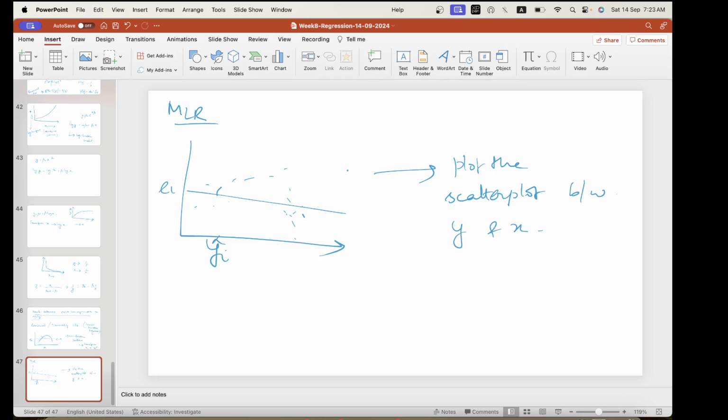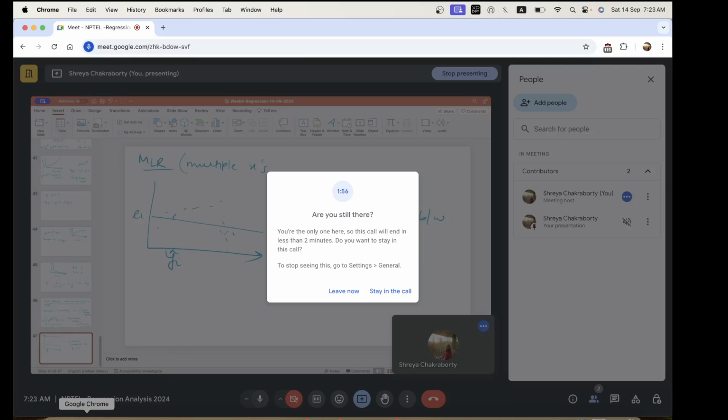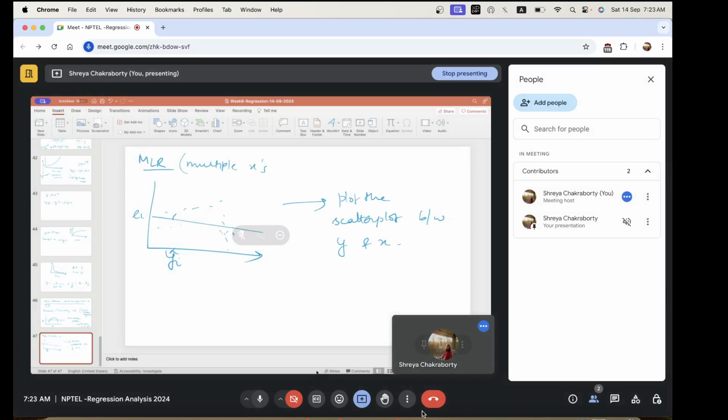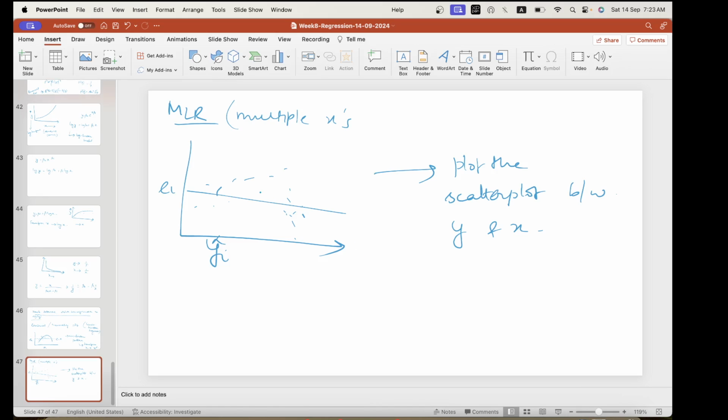Again, in multiple linear regression we will have multiple x's. But the cases that we have shown over here, the transformations that we just demonstrated, will work with simple linear regressions only.